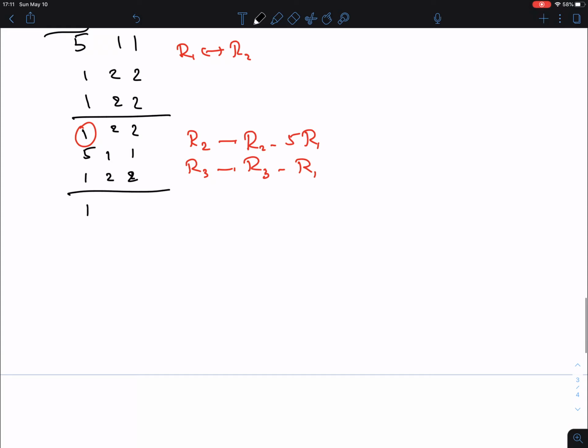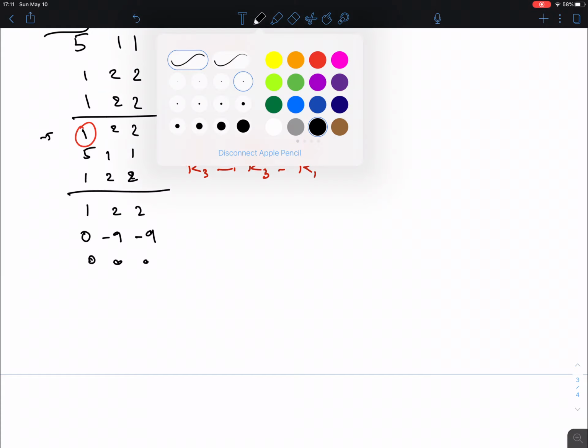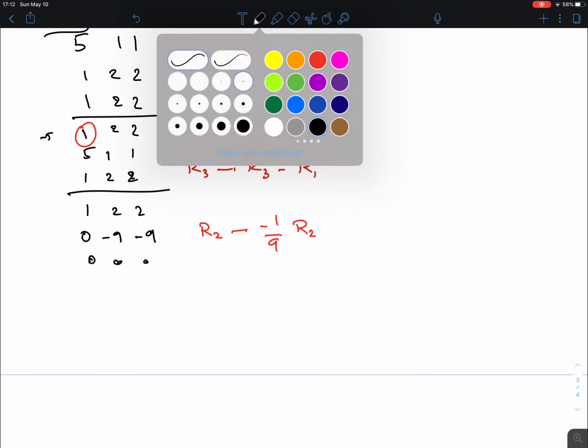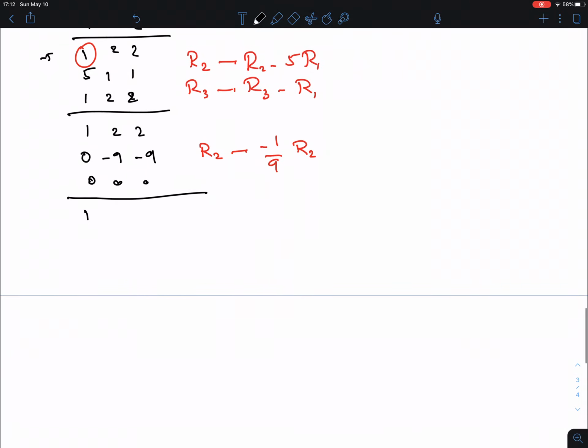I get (1, 2, 2), then negative 5 times, that's a 0, negative 10 plus 1 is negative 9, negative 10 plus 1 is negative 9, and the bottom row is just 0. Okay, we're almost done. We can divide row 2 by minus 9 and get (1, 2, 2), (0, 1, 1), (0, 0, 0).